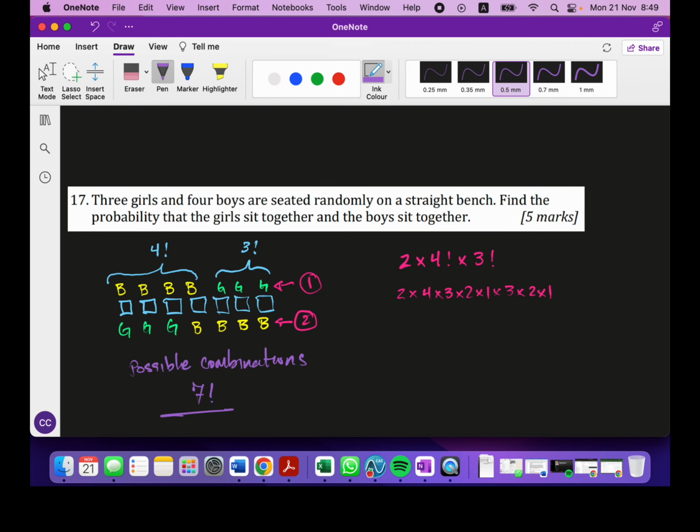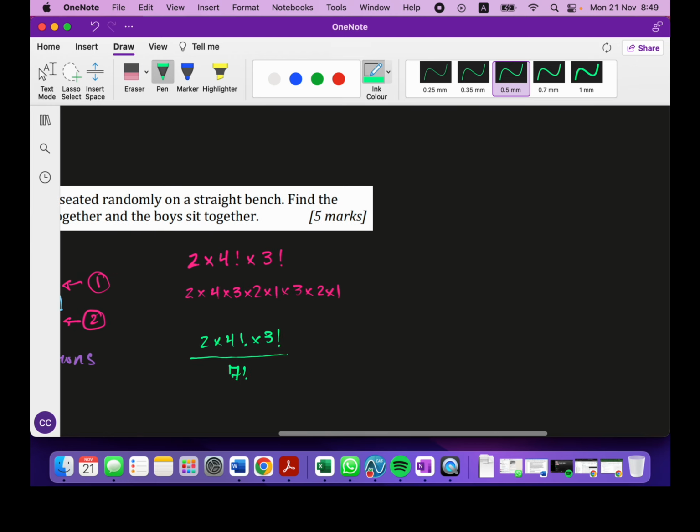So what we need to do is divide, and I guess let me write this out. I know it's getting confusing, and I apologize. So this is 2 times 4 factorial times 3 factorial all over that 7 factorial. And I am going to write it out just so that we can cancel where I can.